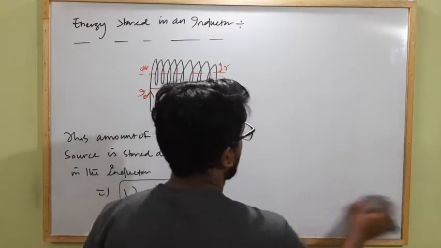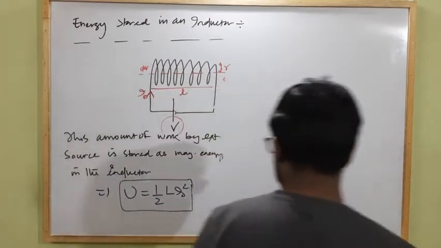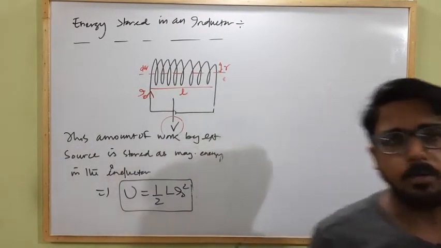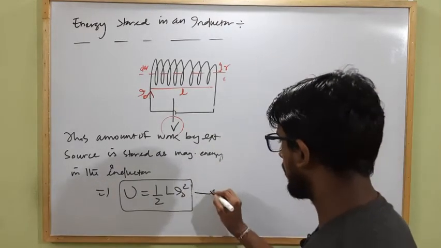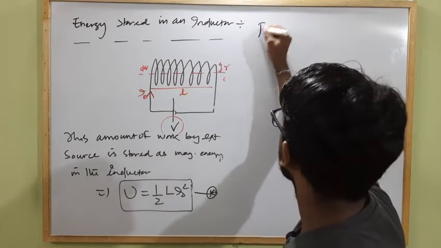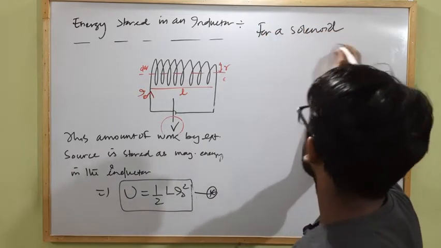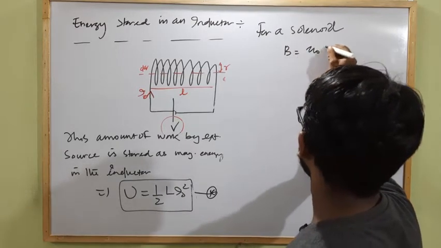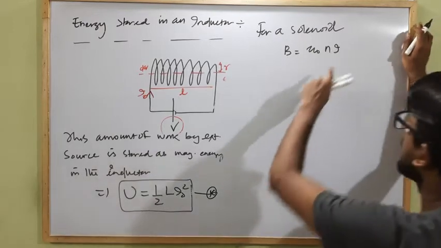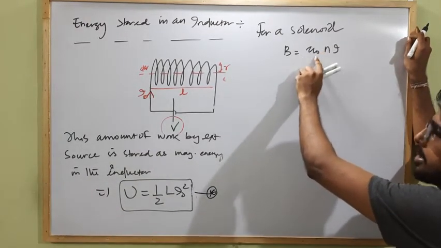Now we can calculate the energy density. This is the energy of an inductor. So what will be the value of energy density? You have to remember this formula. So for a solenoid, B equal to how much? Mu naught n I. n is the number of turns per unit length, I is the current flowing through it, and mu naught is the permeability of the core.